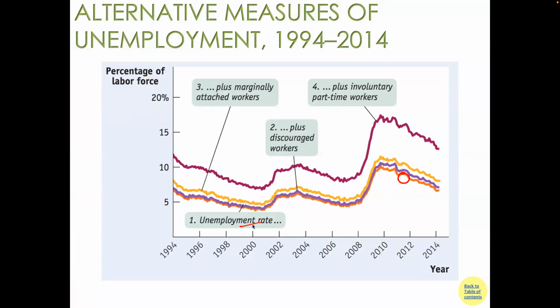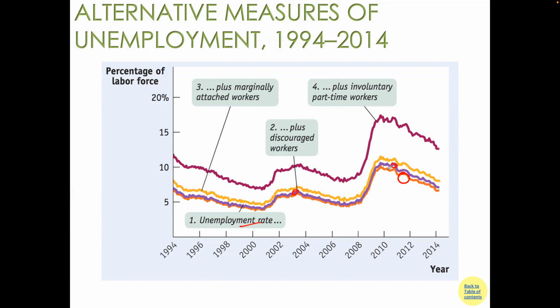But now if we consider, first, some discouraged workers, you can see the problem is worse. And you should note this: the gap between line 2 and line 1 is going to give you the number of discouraged workers.